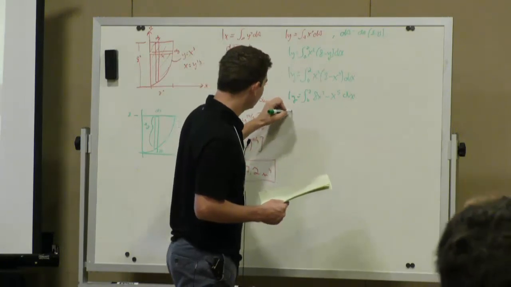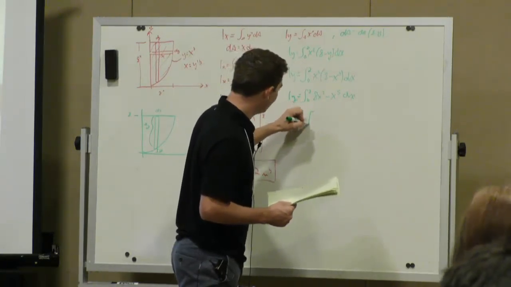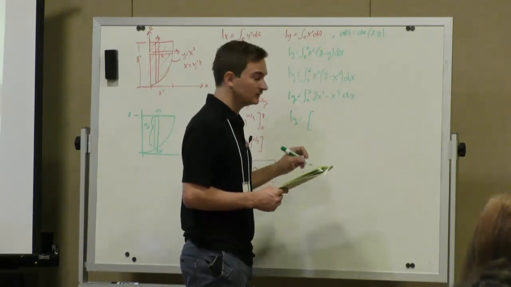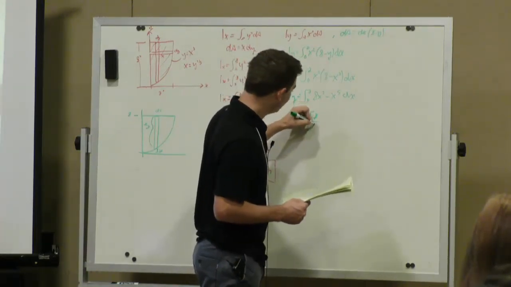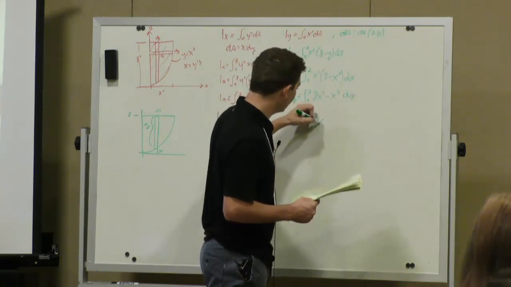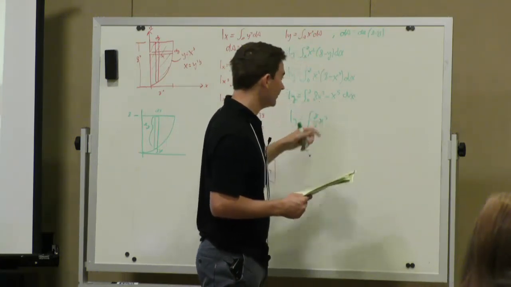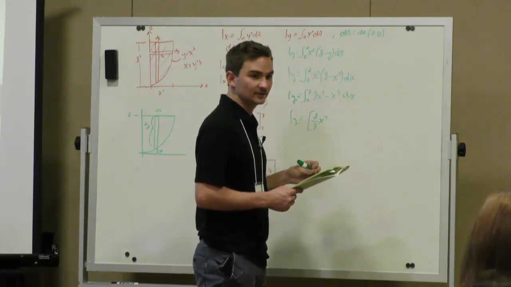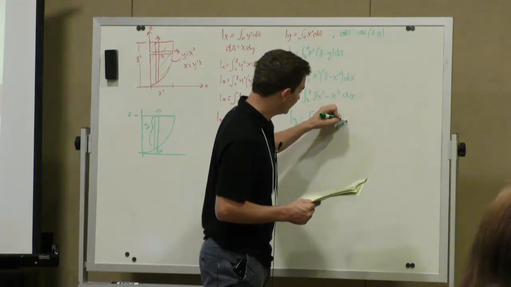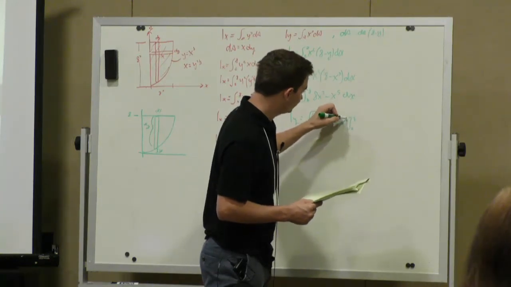So now, what's the integral of 8x squared? Very good. You add 1 to the 2 and put that in the denominator, so 8 over 3 x cubed. And what about x to the 5th? Yeah, very good. So it's 1/6 x to the power of 6 from 0 to 2.